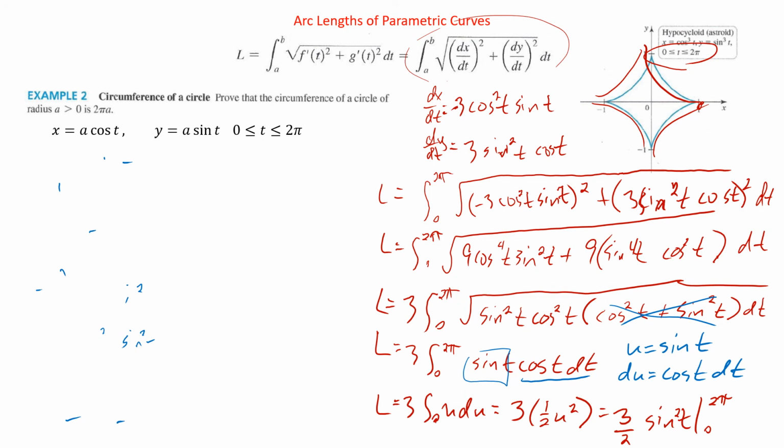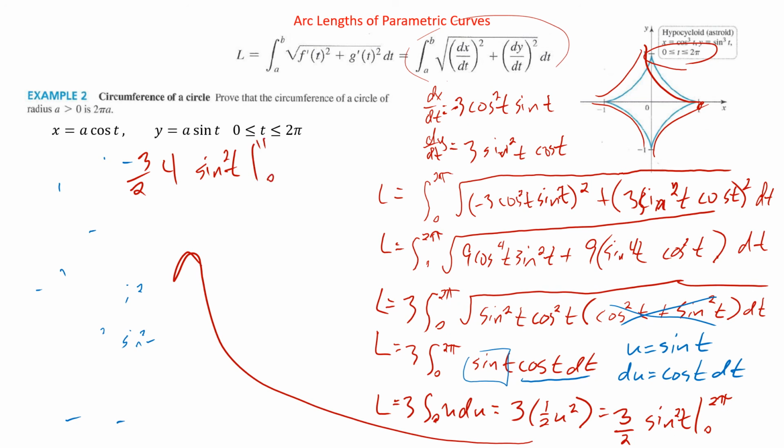So, taking this up over here, we're going to have 3/2 times 4 sine squared t from 0 to pi over 2.